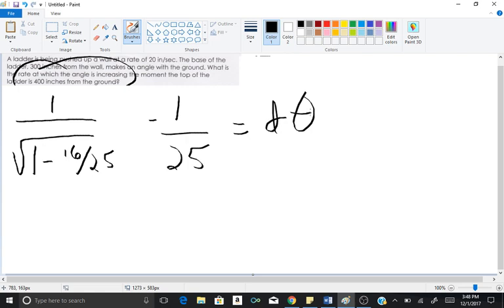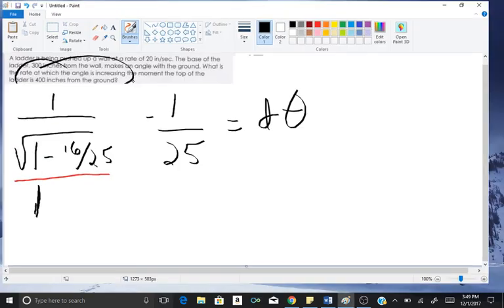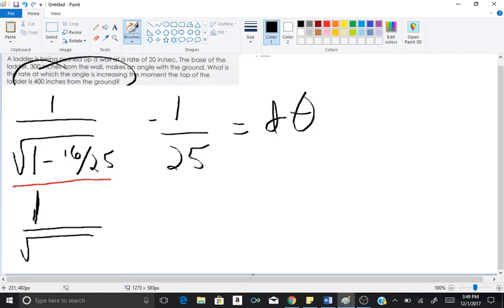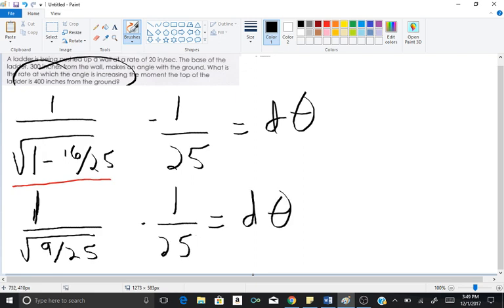Now, if I want to simplify this part right here, I can make 1 into 25 over 25, so it'd be 25 over 25 minus 16 over 25, so that's going to be 9 over 25. So we got 1 over root 9 over 25 times 1 over 25 equals d theta.